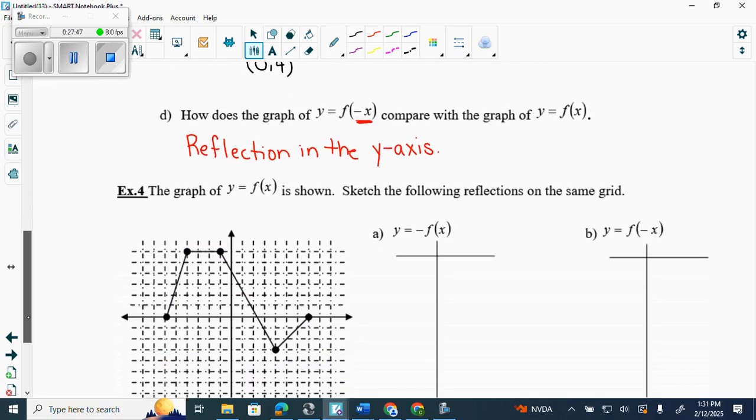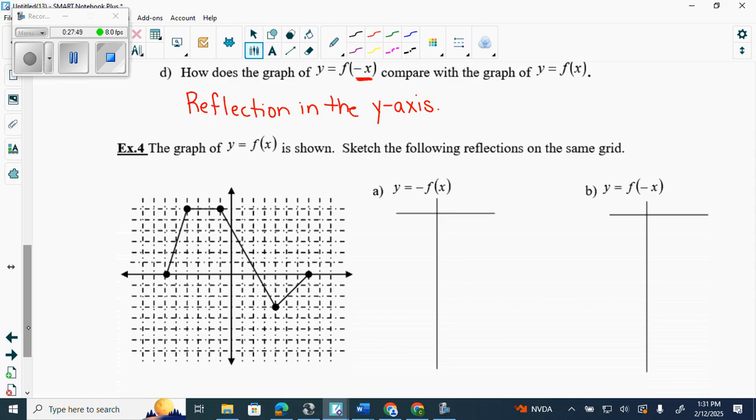Oh wait. So the graph of y equals f of x is shown. Sketch the following reflections. So this is a reflection in the what? X-axis, because it's with the y, right? It's not affecting the x's. Do you see there's an x there? The x is just sitting there pretty.